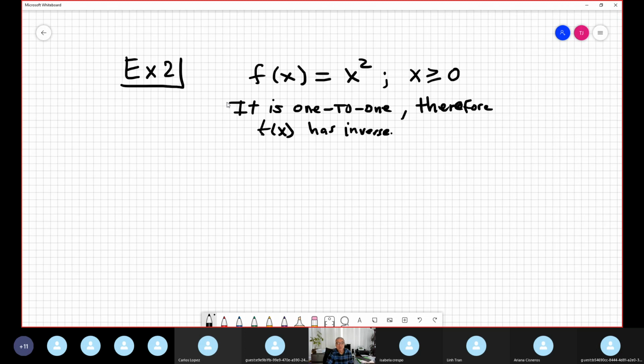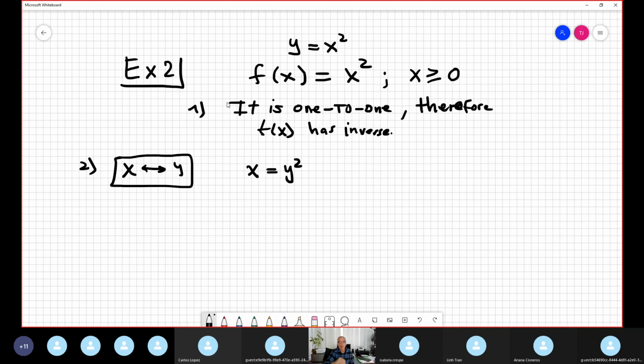But what is the inverse? This is step 1. Step 2 is find the inverse. Remember the idea, interchange x and y. And in the original, you replace f of x with y. Don't forget that. Entonces es x is equal to y squared. That's it. This is the inverse, of course, in implicit form.